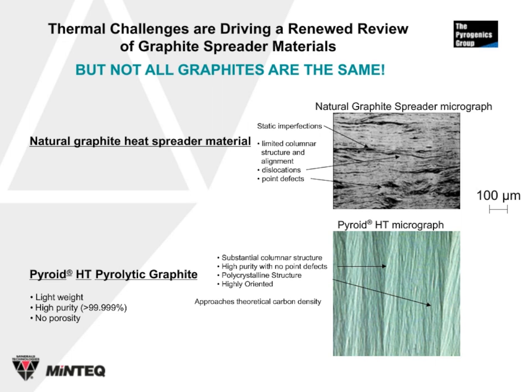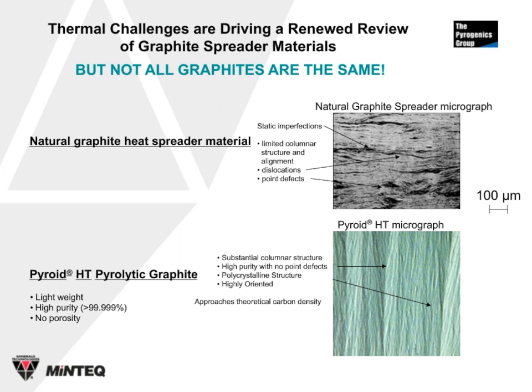It's got extremely high purity, over 5 nines pure, no point defects. It's got a columnar structure. It's highly oriented. We can do an X-ray diffraction, and you get a very clean pattern. It approaches the theoretical density of carbon. And it's lightweight, therefore, 2.25 grams per cc, with very limited, if not zero, porosity.